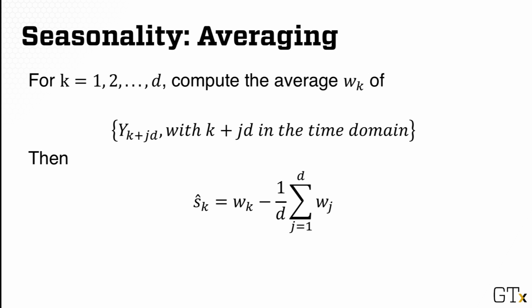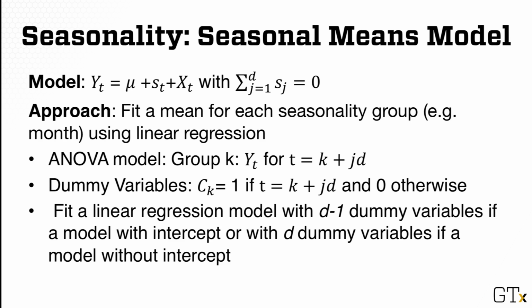Because we have that the sum of the seasonal effects s_t is equal to 0, the estimated seasonal effect for s_t is w_t minus the average across all effects. One way to perform the simple averaging is through a regression model where each seasonal group's mean is estimated via an ANOVA type model as presented in the next slide.